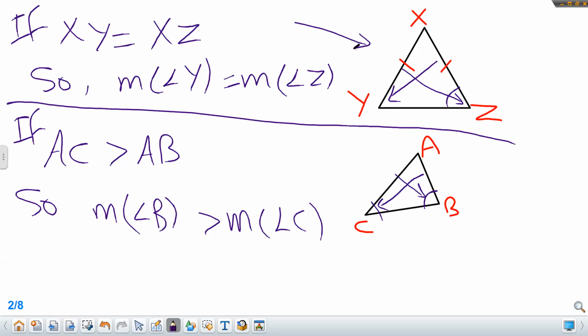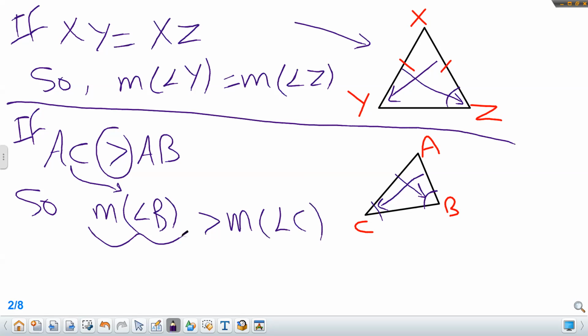But in the second idea, we said if two sides in a triangle are unequal, then the bigger side is opposite to the bigger angle. The bigger side is opposite to the bigger angle. So AC is opposite to angle B, and we can say measure angle B is bigger than measure angle C.